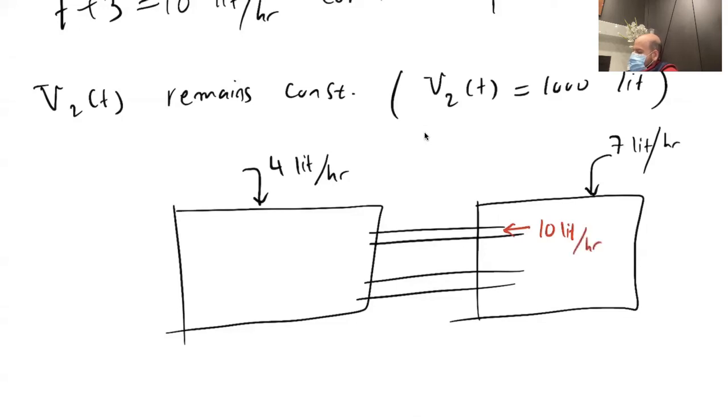And so this one, 14 this time, goes out of tank 1. Again, 11 liter goes out of the system, and 3 liter goes to tank 2.